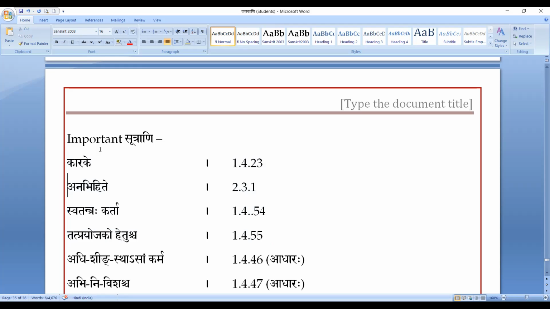Then, what are the Karakas that are defined? Swatantrah Karta, 1454, first chapter, 54th sutra, under the Adhikara Karake only. Therefore, Karta is a Karaka, Kartri Karaka. Karta is Swatantrah: the one who is independent in doing a Kriya, the prime factor involved in doing an action, is called Karta.